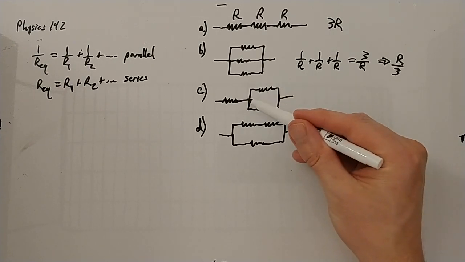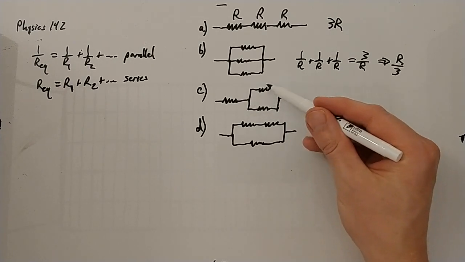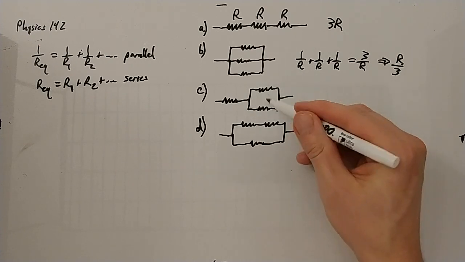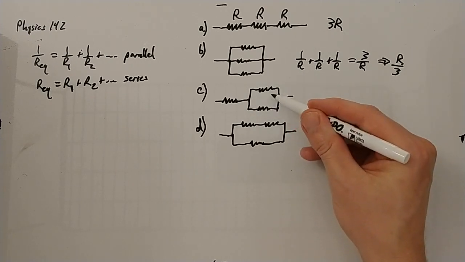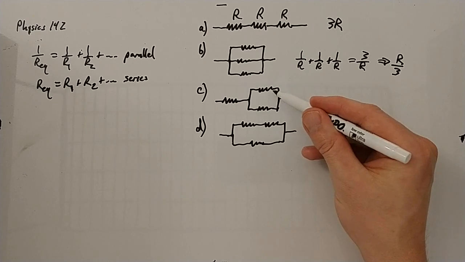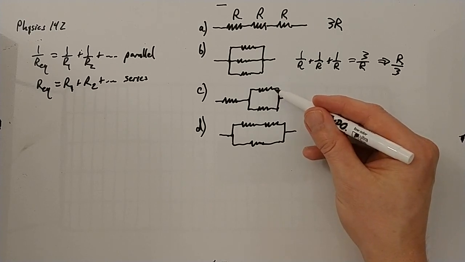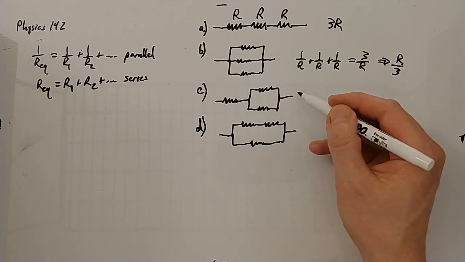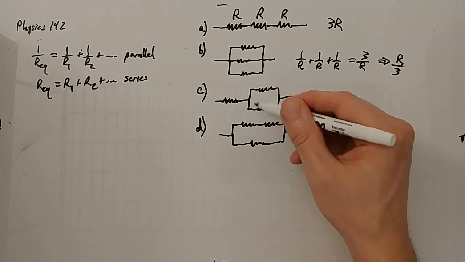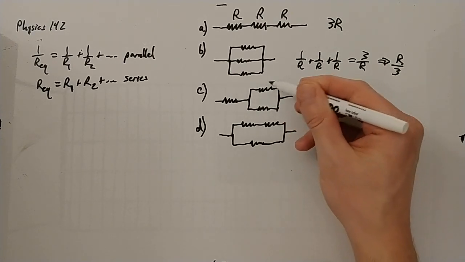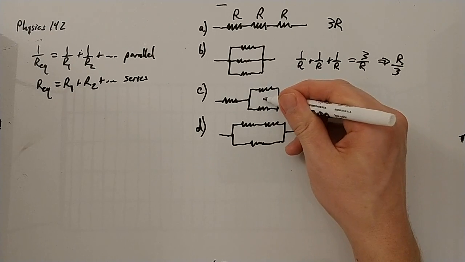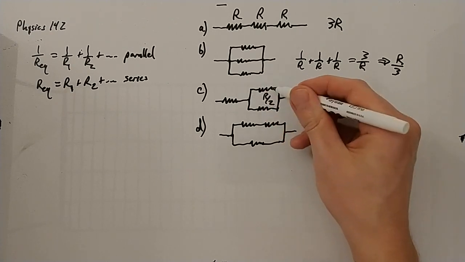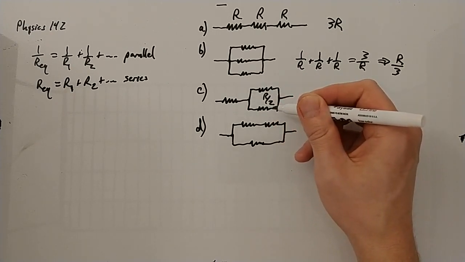We know we could calculate 1 over the equivalent resistance of just these 2 in parallel. Well, that would be 1 over R plus 1 over R, which is 2 over R, and you flip that over, it gives you R over 2. So these 2 parts right here have an equivalent resistance of R over 2. Half goes this way, half goes this way.